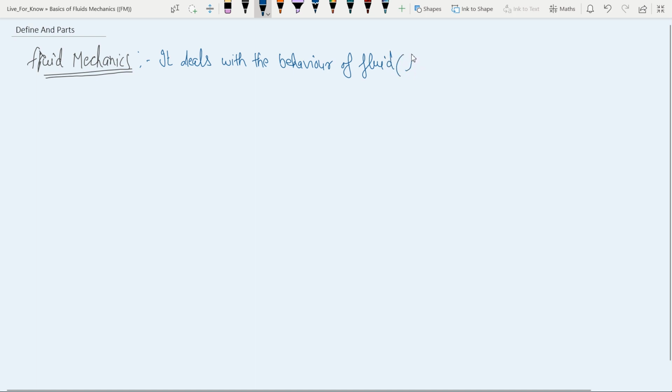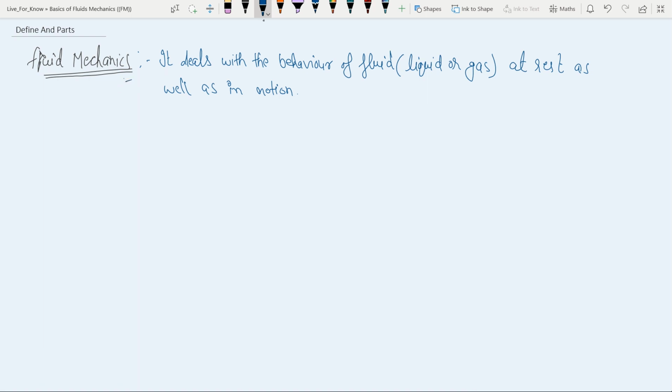Fluid may be liquid or gas, anything, or fluid at rest as well as in motion. Okay, so that is the definition of fluid mechanics.